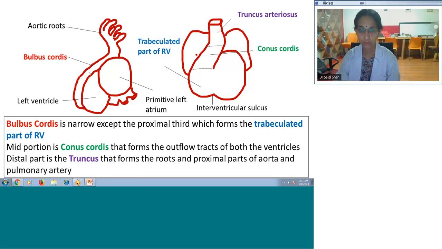The mid portion, the conus cordis, gives rise to the outflow tracts of both ventricles, and the distal part, the truncus, forms the roots of the aorta and pulmonary artery. The part between the proximal bulbus cordis and the primitive left ventricle then forms the interventricular sulcus.